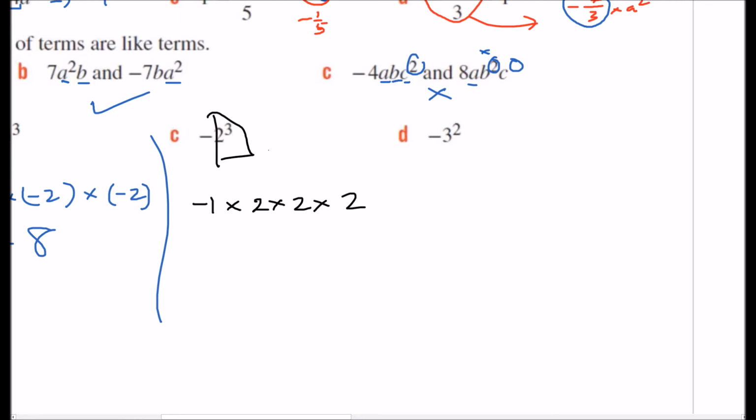When you see a question like this, you can already assume that the answer is going to be negative, because there's a negative 1 in front of it. So 2 times 2 times 2 is 8, times a negative 1 gives you negative 8. Same principle with this one. There's a negative 1 in front of that 3, so it's negative 1 times 3 times 3. I wrote times 3 twice because it's 3 squared. So 3 times 3 is 9, times negative 1 gives you negative 9.